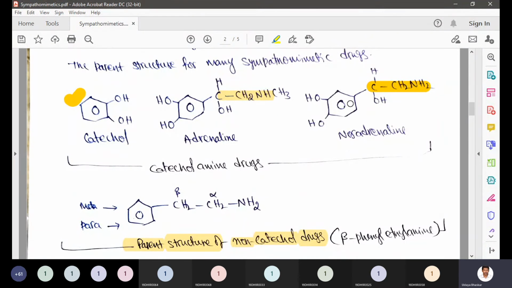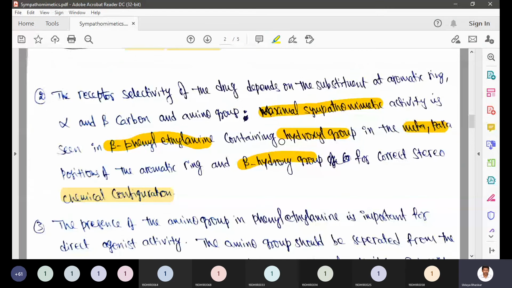The phenyl ring having two hydroxyl groups at meta and para positions will have maximum sympathomimetic activity, as well as the beta hydroxyl group. That means this hydroxyl group and this hydroxyl group are more important for steric configuration. So he suggests new drugs should follow the chemical structure of the endogenous molecules, adrenaline and noradrenaline, for optimum therapeutic activity.